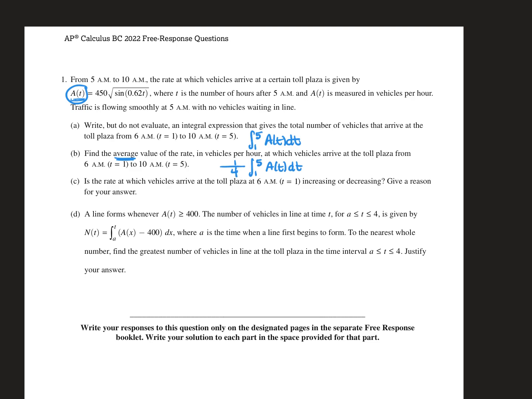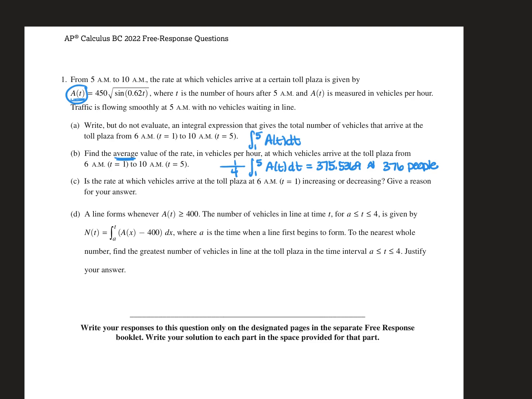Here we have to actually find it, so when you put it in your calculator, this will end up being 375.5369, but it asks us for the number of people. It doesn't make sense to have half of a person or 0.53 of a person, so this is rounded to approximately 376 people.